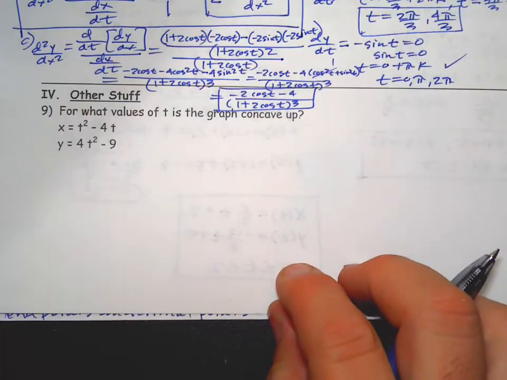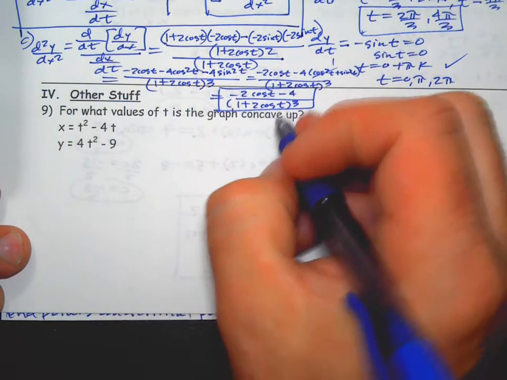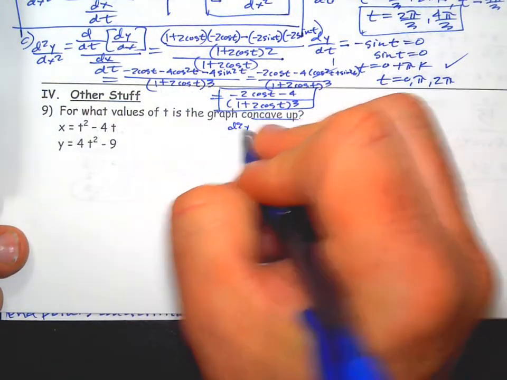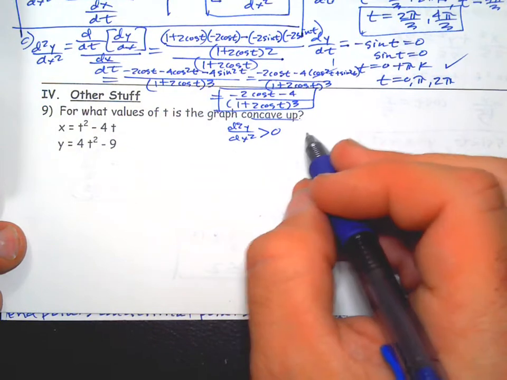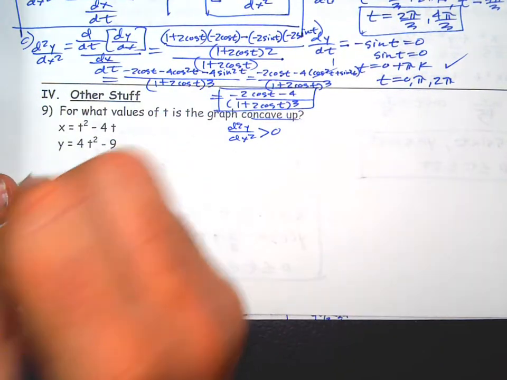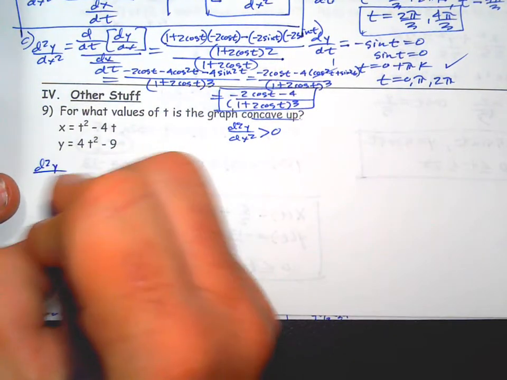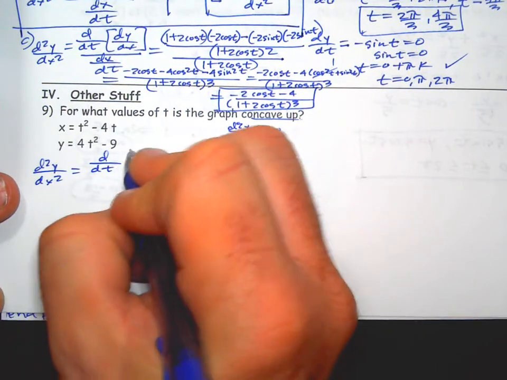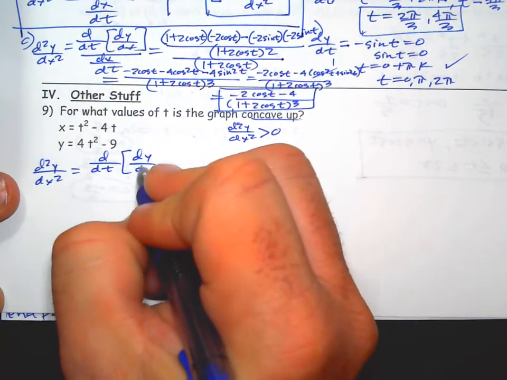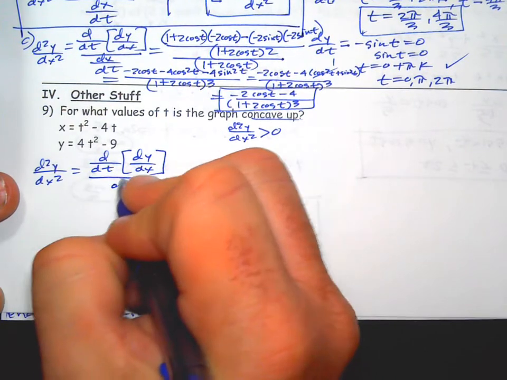Number 9, for what values of t is the graph concave up? So that means the second derivative is positive. So we might do a line check or something, but we've got to find the second derivative first. So remember the second derivative is the derivative of dy/dx with respect to time, divided by dx/dt.